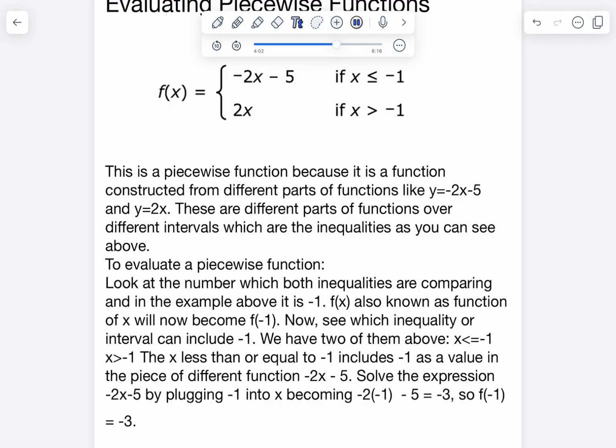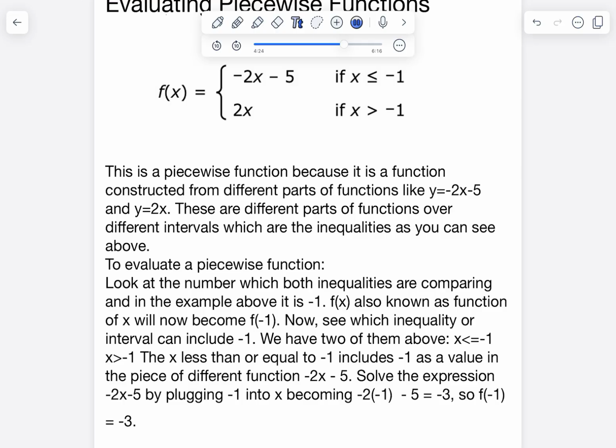So, as you can see above, f of negative 1 could equal if x is less than or equal to negative 1, but f of negative 1 will not equal x greater than negative 1, right?